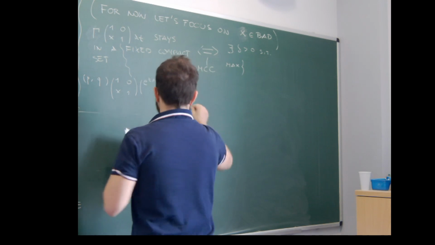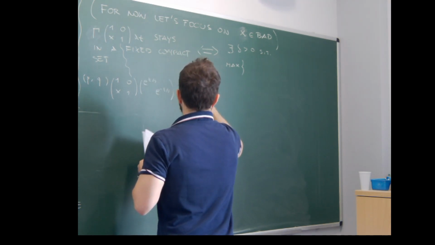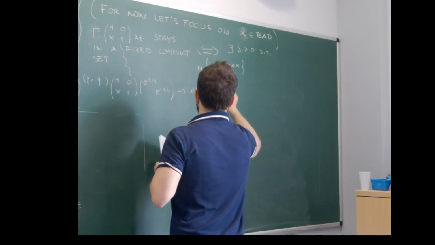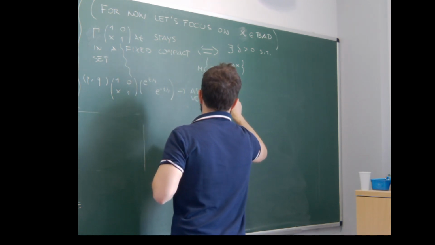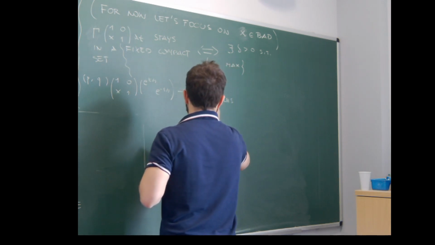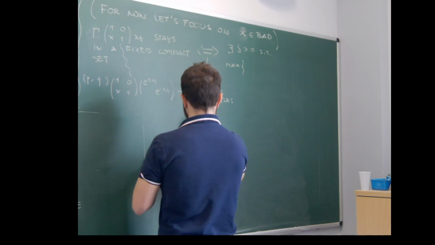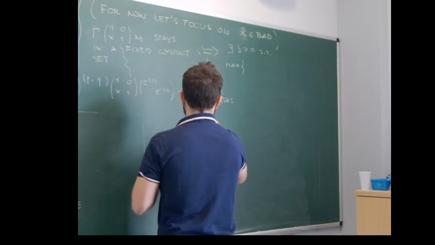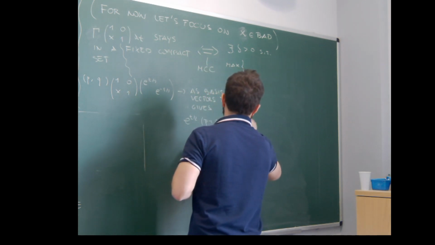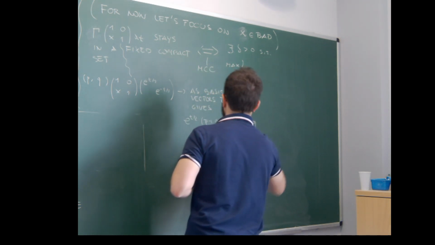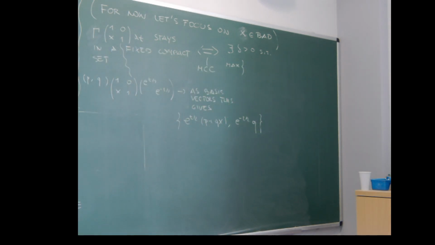So as basis vectors, this gives vectors of the form (e^{t/2}(p + qx), e^{-t/2} q).